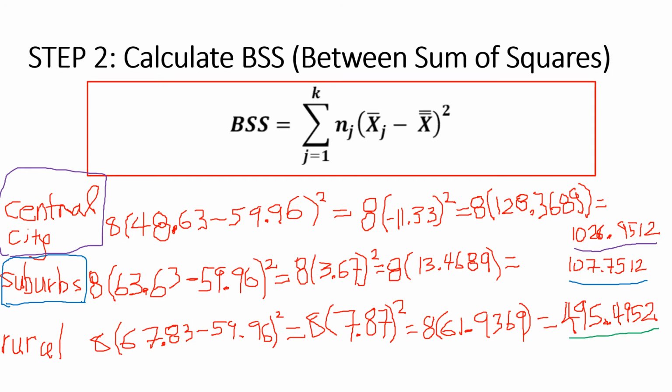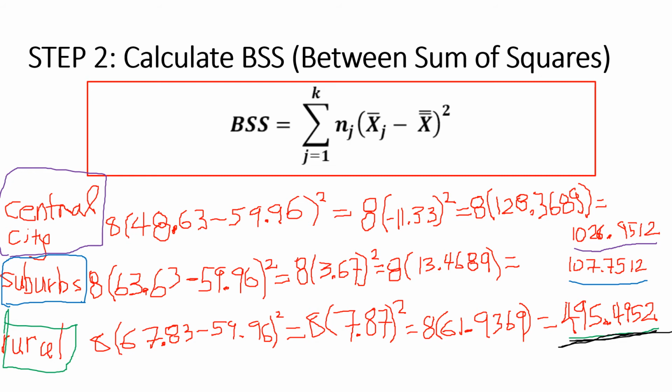Okay, so the last thing we have to do is add all of this stuff up. So these three, this, and this. So 495.4952 plus 107.7512 plus 1026.9512 equals, oh, sorry, hold on.